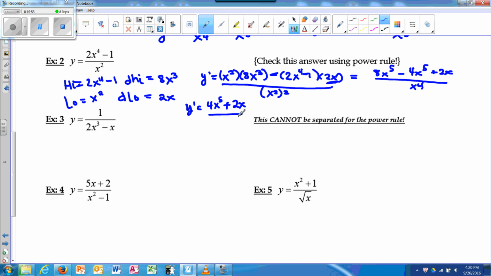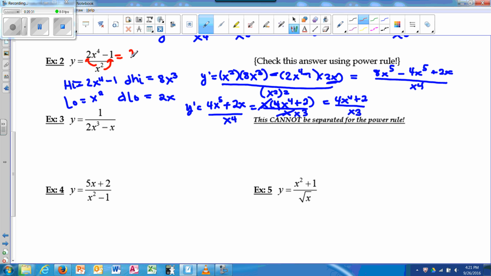So that simplifies out as 4x to the 5th plus 2x over x to the 4th. Because I can factor out an x, I can cancel, and I get 4x to the fourth plus 2 all over x cubed.